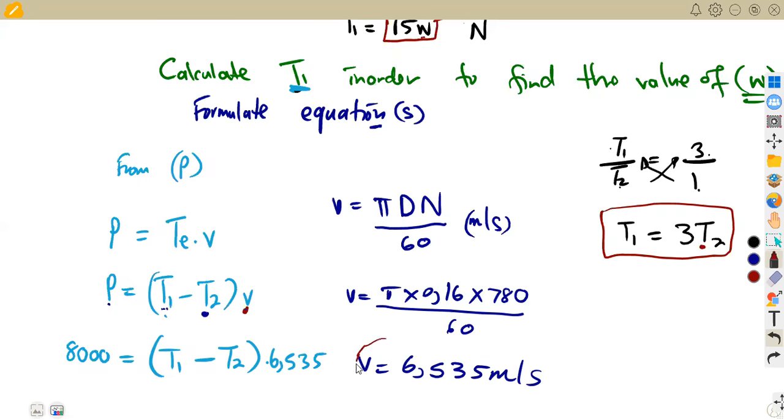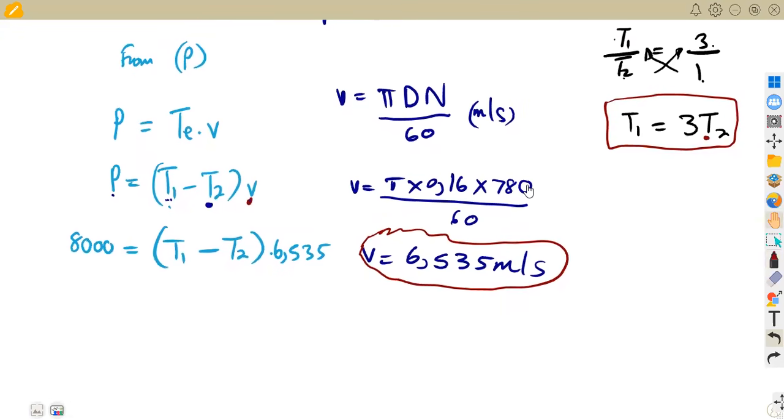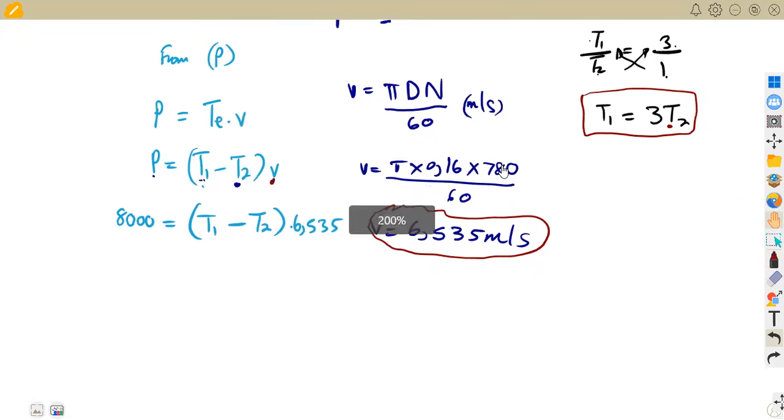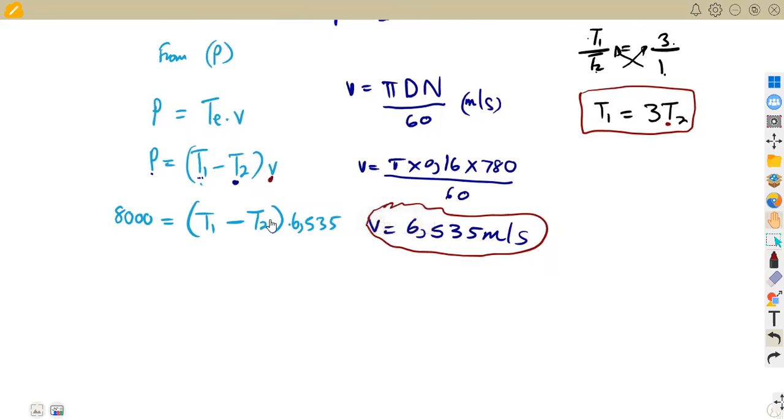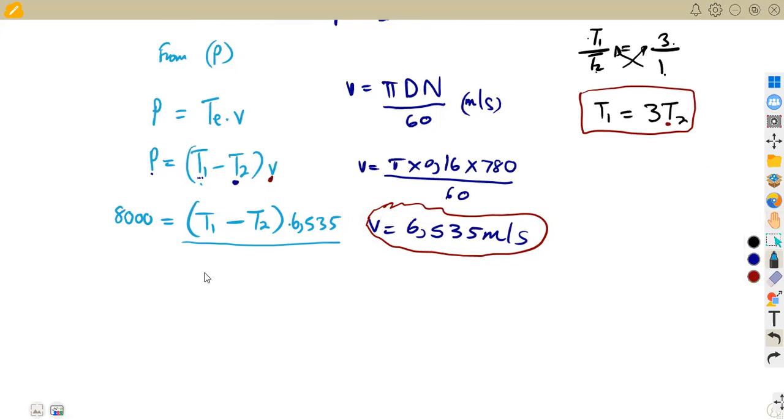We are simply applying the value that we calculated. We are supposed to find an expression for T1 over T2, so you can simply divide by 6.535 both sides. So this is going to cancel.